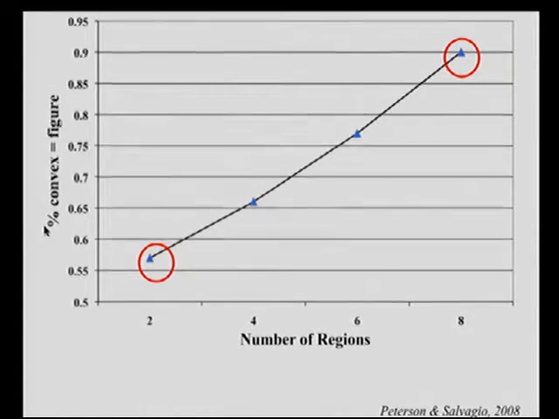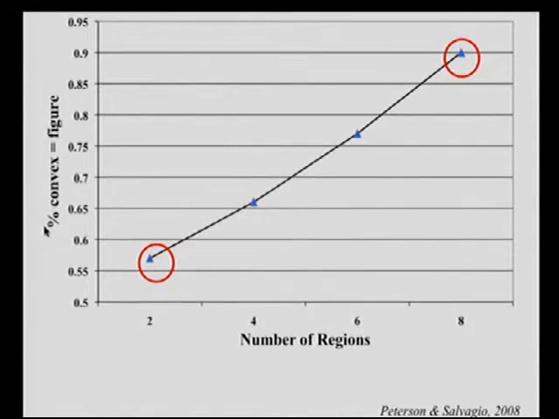We found that there was a huge effect of the context of the number of regions in the display. We could replicate the Gestalt psychologists with their traditional 8-region displays. But if we had just a 2-region display, convexity looks pretty wimpy as an object cue. It's more effective than chance alone.